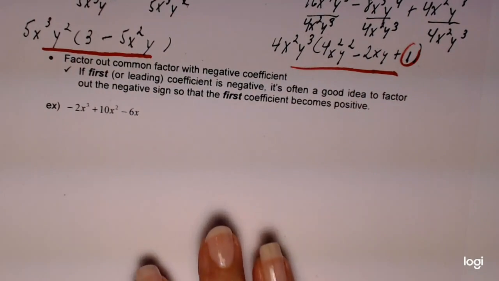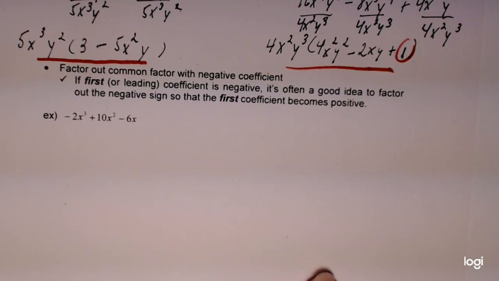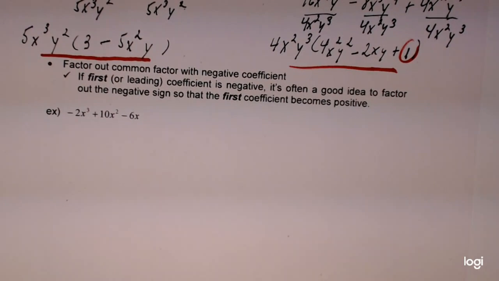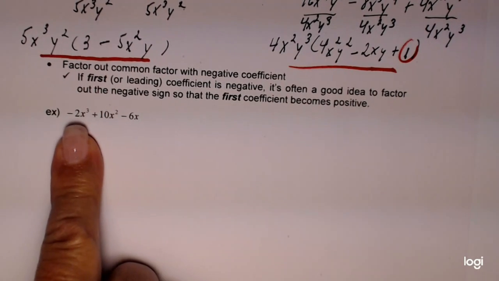Next example here, and the last example in terms of this technique of using greatest common factor, is if you have a polynomial that starts with the first term being negative.